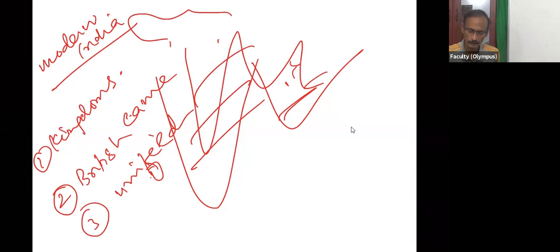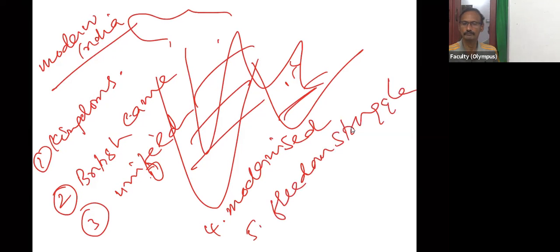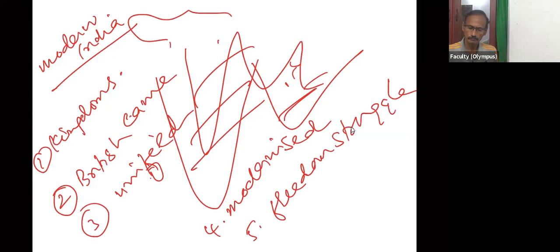And then they modernized. Educated the people in modern institutions. Elite emerged. Some industrialization also took place. And then the freedom struggle, with a very highly evolved ideology of Gandhism.